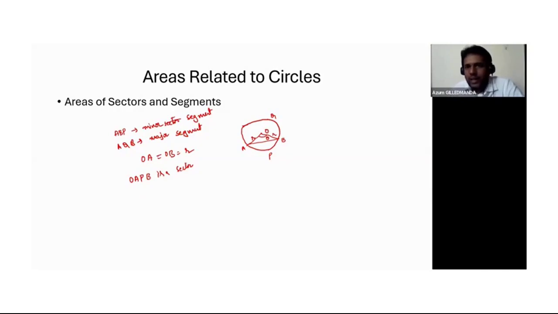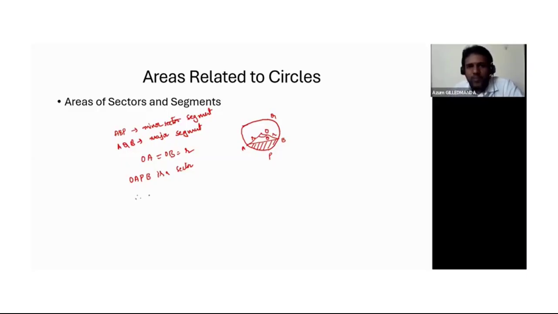The area of the minor segment equals the area of the sector minus this triangle area, the OAB triangle area, right? I want this area, the shaded portion here. So this area is the sector area minus this triangle area.